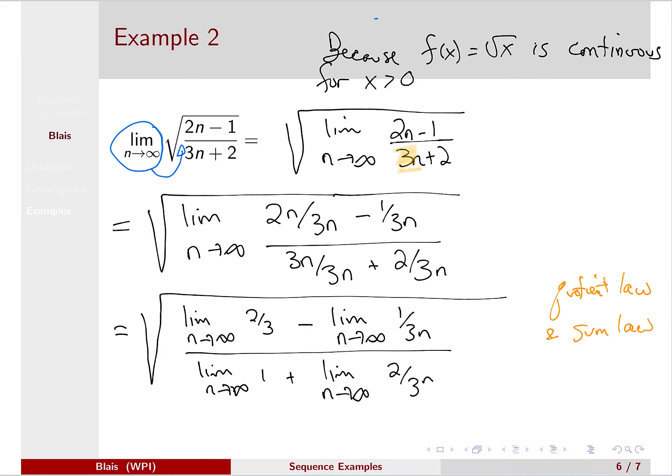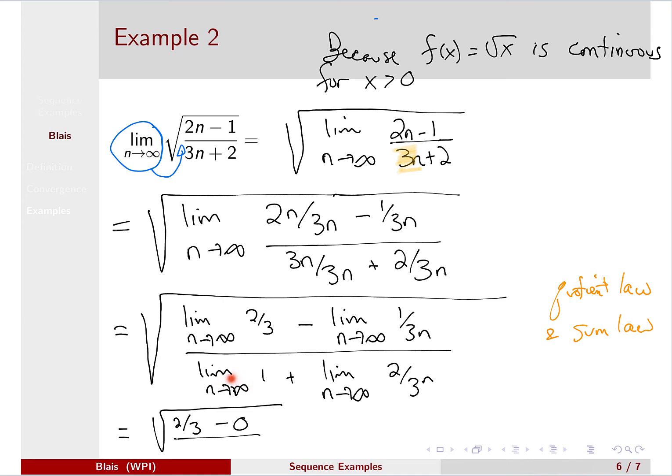And we can then evaluate each limit, and we get the square root of this first term will be 2/3. The limit of a constant is just the constant. For 1 over 3n, as n is getting larger, we have a giant denominator with a fixed numerator, so that term is going to 0.